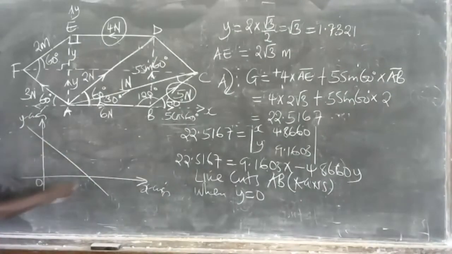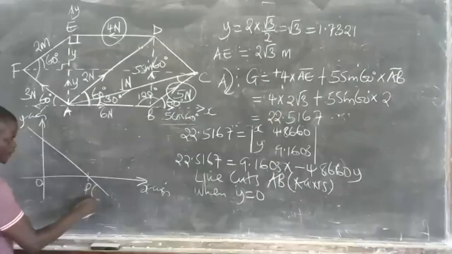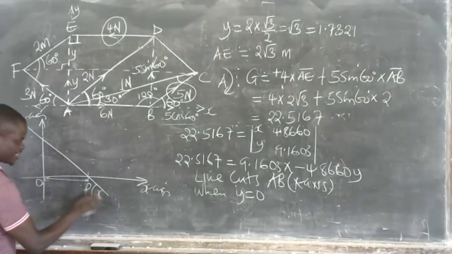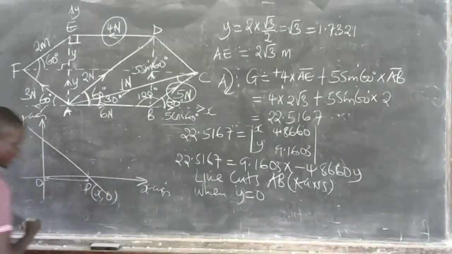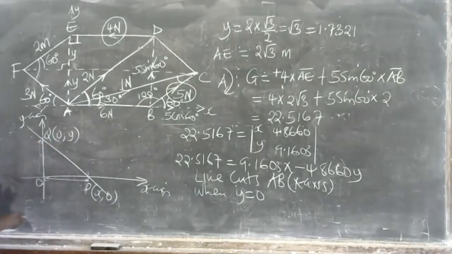If this is point P, from the origin you move x units and you don't move y. If this is point Q, we don't move in x and we displace a vertical distance y.